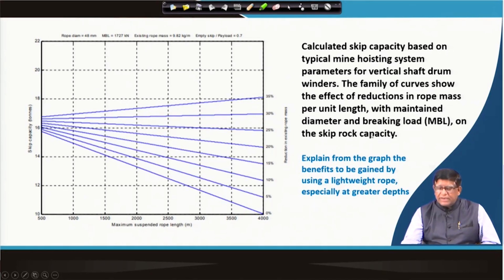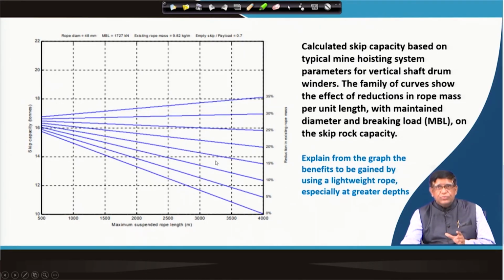The family of curves shows the effect of reductions in rope mass per unit length, with maintained diameter and breaking load, on the skip rock capacity.